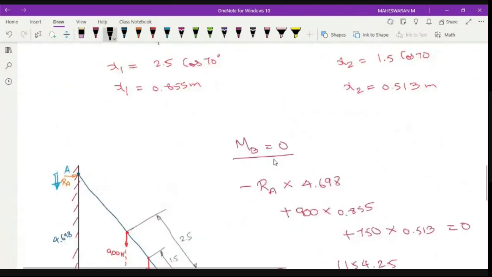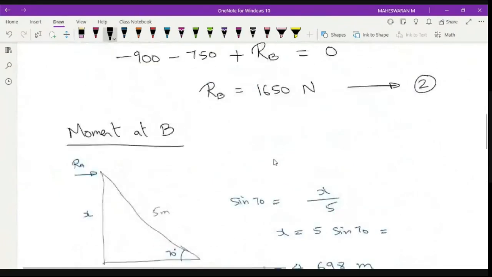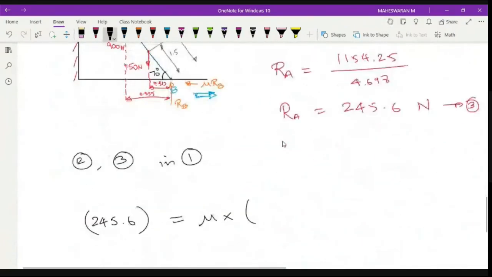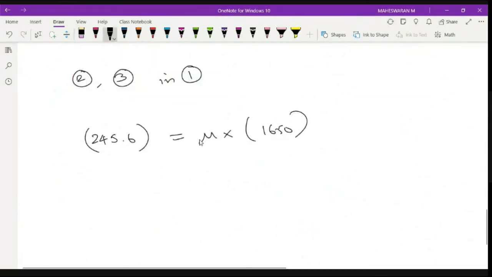What is my value of RB? RB is 1650. So what is your mu? 0.1488. So this is the coefficient of friction.